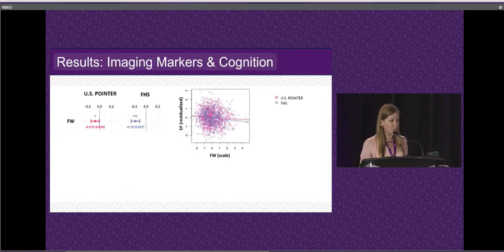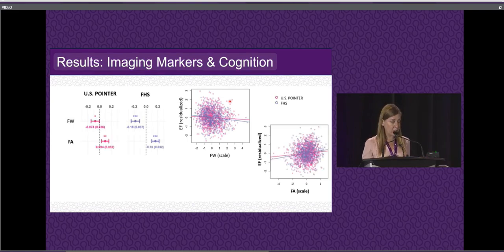Now, turning to the association between the imaging markers and executive function, we found a significant association between a higher level of free water and a lower level of cognition. You can see the association in the graphic here between free water and executive function for US POINTER and Framingham Heart Study independently.